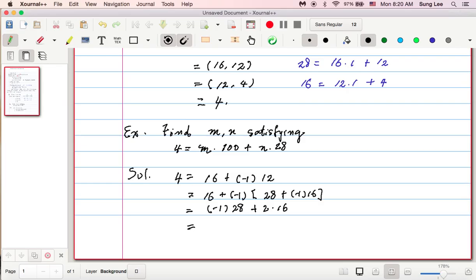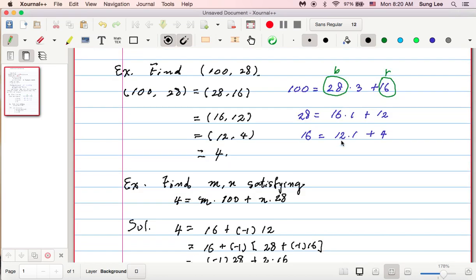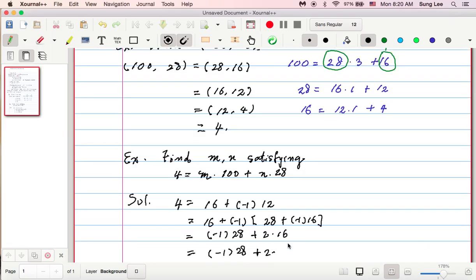So negative 1 times 28 plus 2 times, instead of 16, we write 100 plus 28 times negative 3.